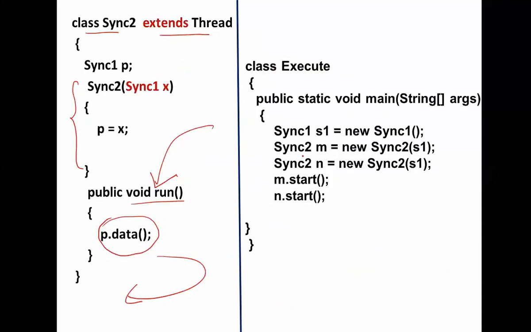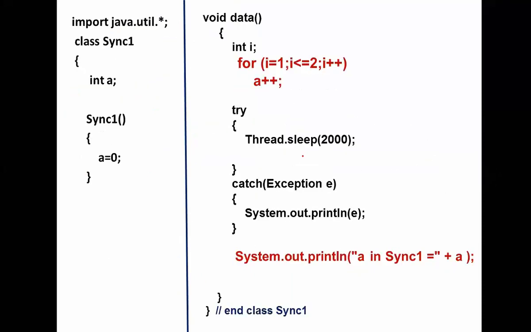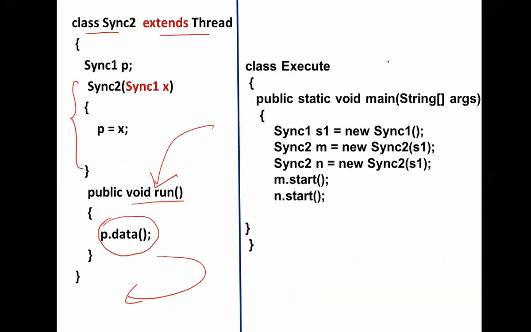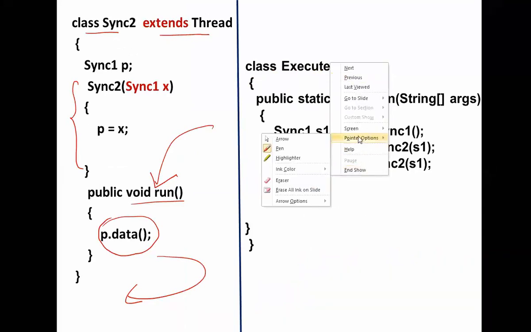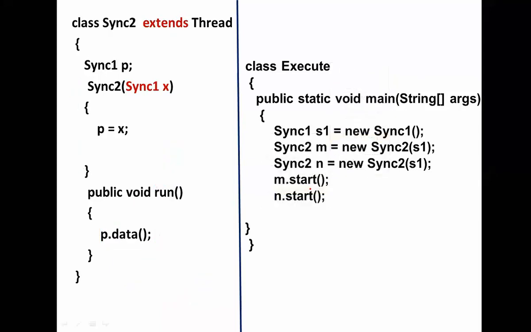So currently just understand this much, that we have this class sync1 which is a normal class which has variable a and it has a method called data. Then I have this thread class called sync2. So whenever I create an object of class sync2, it is going to be a thread. There is a constructor inside it. The role of that constructor I'm still to discuss. And then there is a run method which will invoke the data method that we just saw.